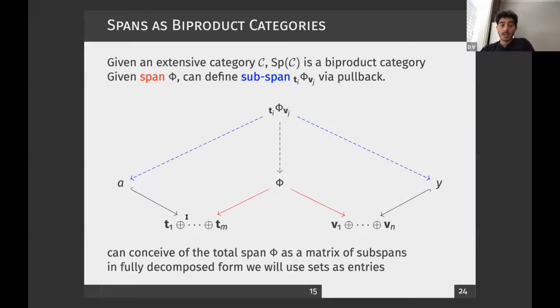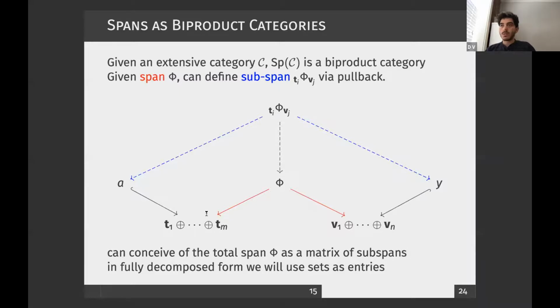Here this is literally the inclusion, and this is literally a projection. What you do is take the limit of this diagram to get the specific way in which one component interacts with another. From that, we can take a span and generate a matrix of subspans. In fully decomposed form, if C is a set-like category with the notion of element, we're going to treat entries of the matrix as just sets.